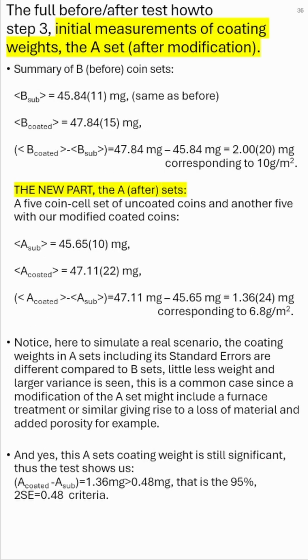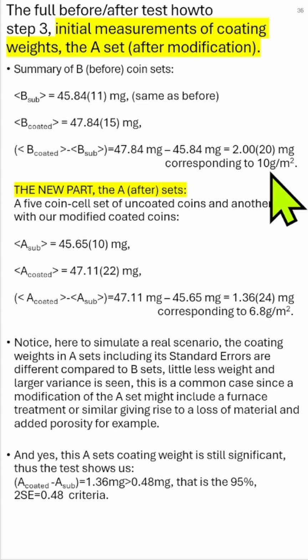The full before-after test, how to. Step 3. The initial measurements of the coating weights of the A set, that is the set after we've done some modification of the electrode material that we want to prove is giving some kind of boost. So before, we have already done the B set, and we came to the conclusion that the mean value of the coating weight of the B set became 2.00 milligram with a standard error of 0.20 milligram, 10% error.